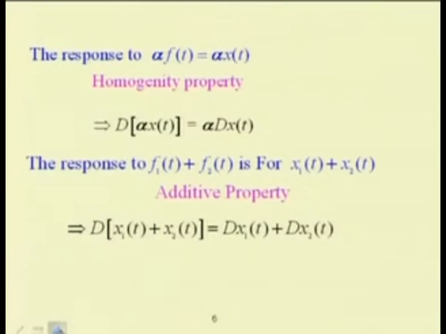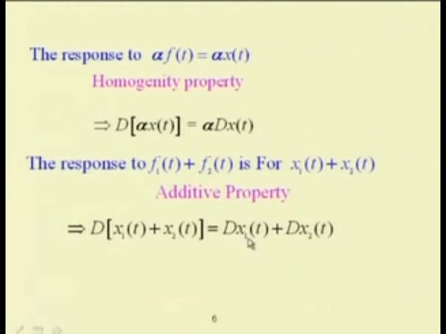In case of the homogeneity property, it has to satisfy D of alpha x(t) equal to alpha D x(t). In case of the additive property, when you apply a force of f1(t) plus f2(t), its output should be x1(t) plus x2(t).